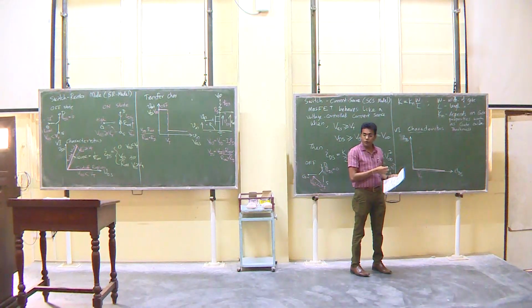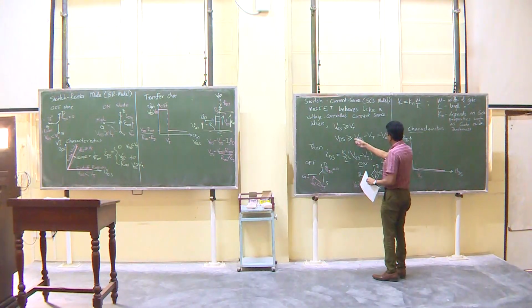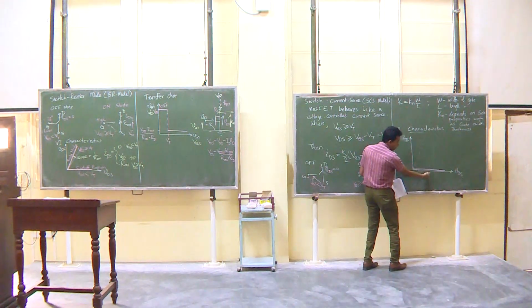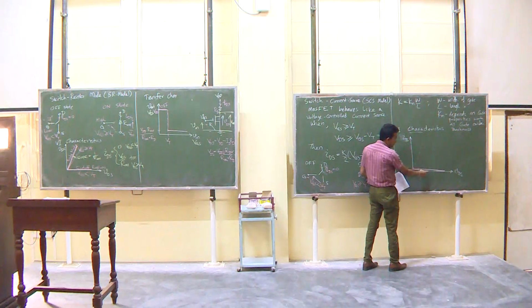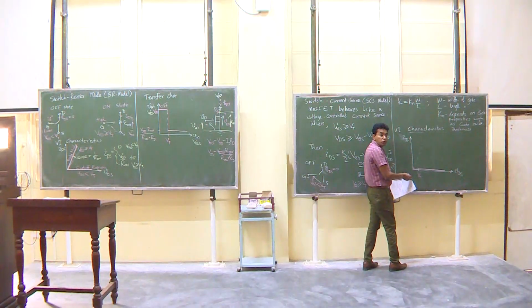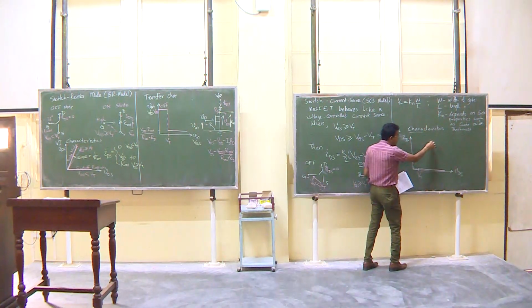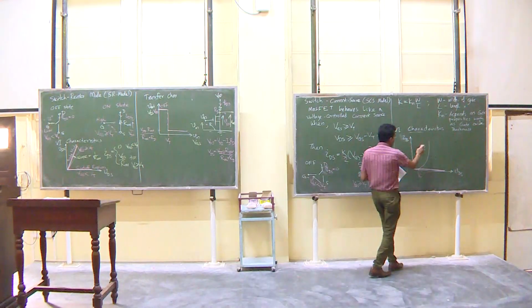ID should be proportional to the square of this overdrive voltage. At this value it is 0, and as you increase it, you will have a quadratic relationship like that. This is a quadratic relationship.